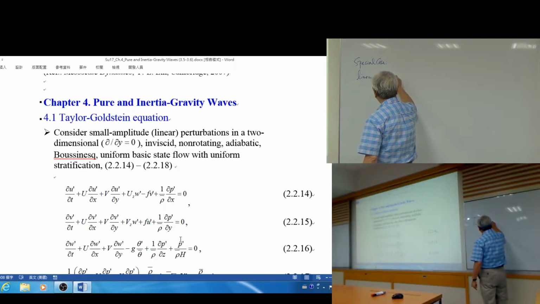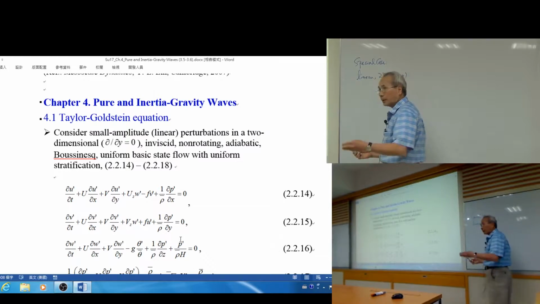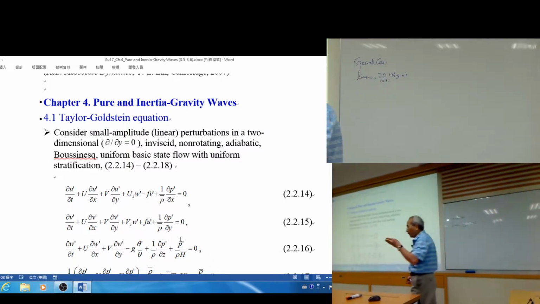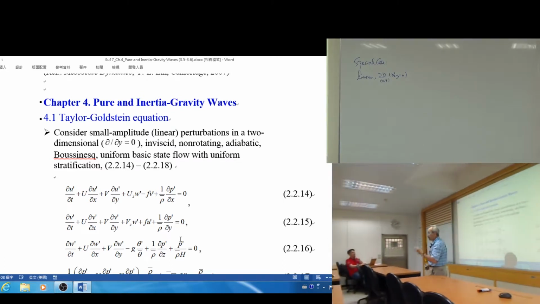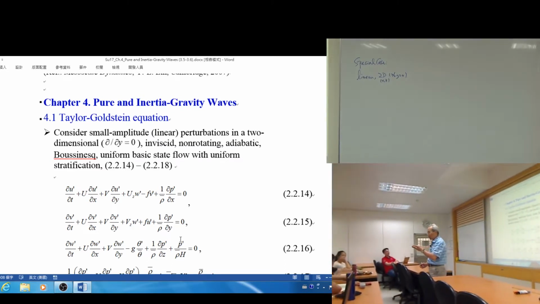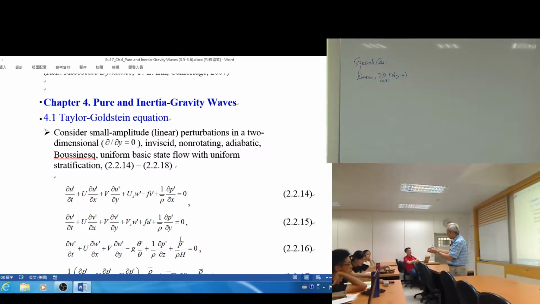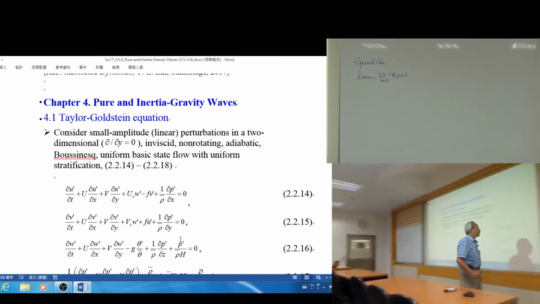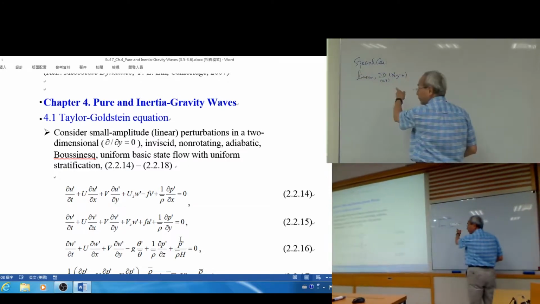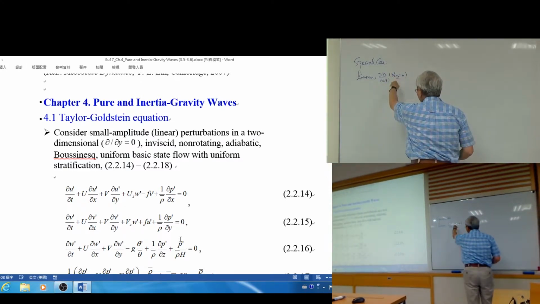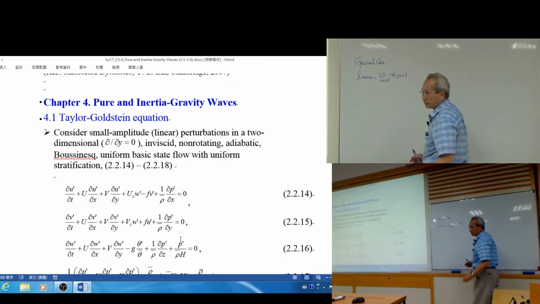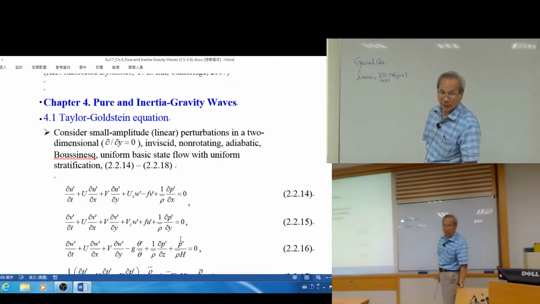This means partial y will be 0. You could have non-zero variables, but they don't change in the y direction. So you can still have v equals 0, but v doesn't change in the y direction, so we don't have to worry about that second equation.